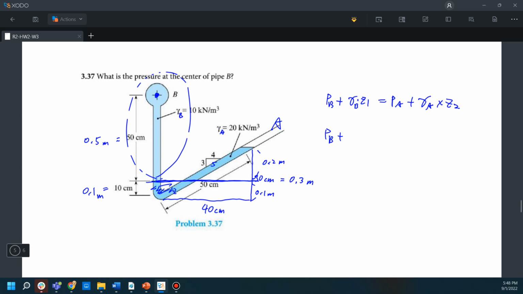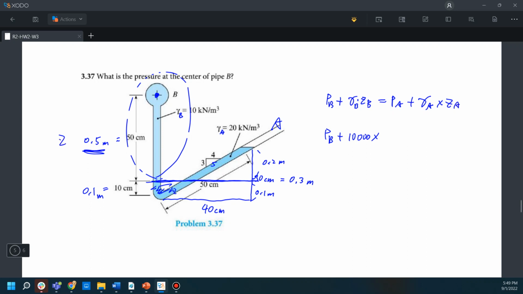Gamma B is already given by the problem, that is 10,000 Pa times Z1, which is, okay, this is confusing. Let me write ZB and ZA instead.